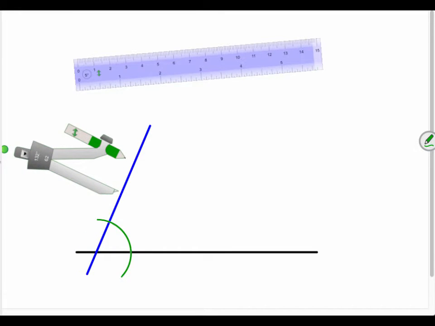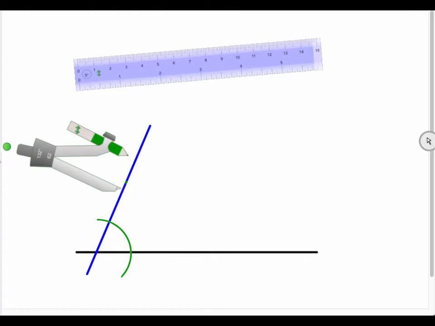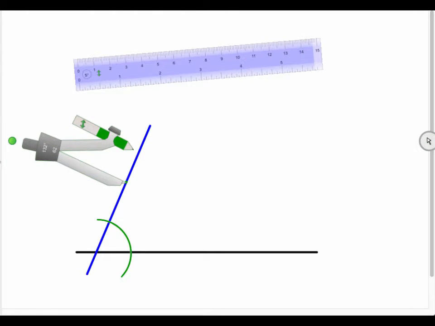One, I'm just going to make a little point. And I'm going to make sure that my pointer is right in the center of that point. I just arbitrarily chose some length up a little bit higher. I made a little teeny tiny point. You might not be able to see it if you're way in the back, but I just made a little dot here and put my pointer on it.